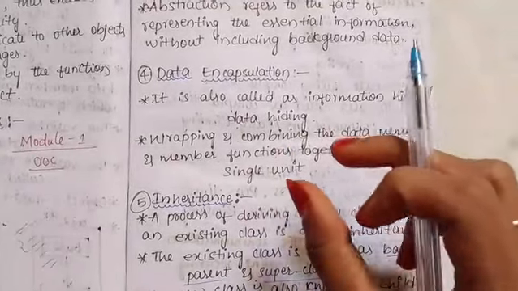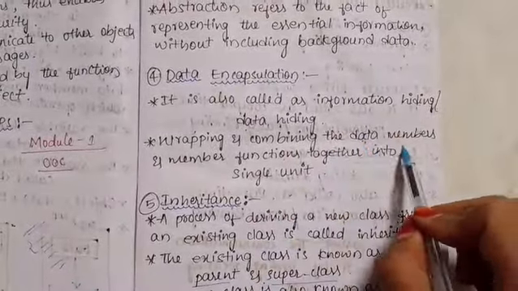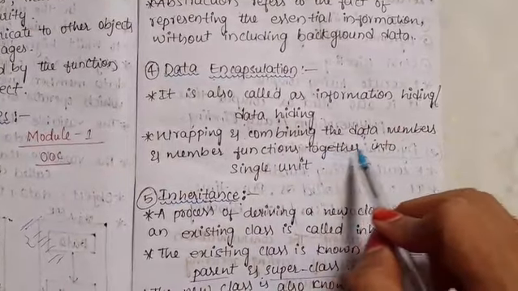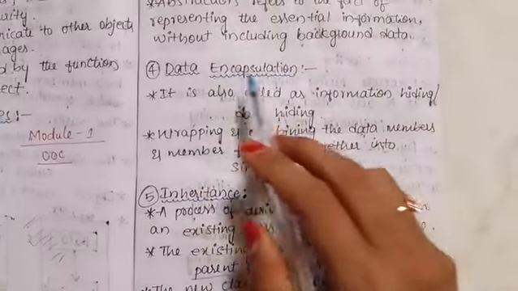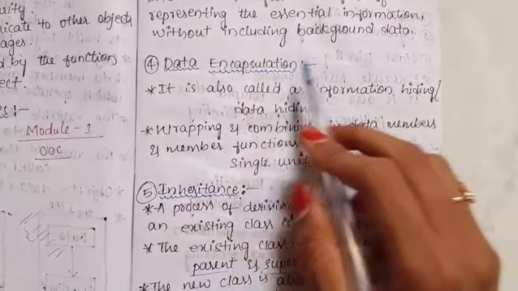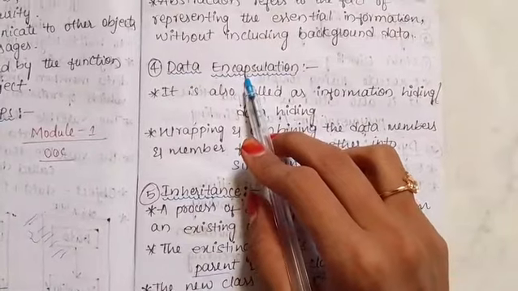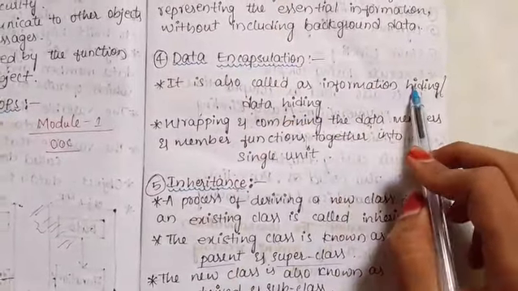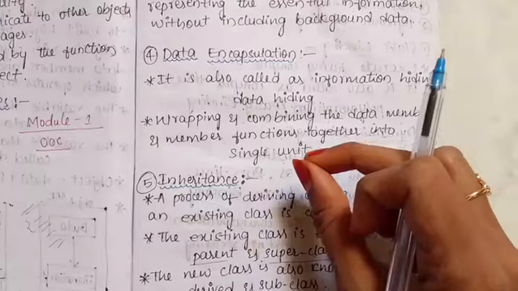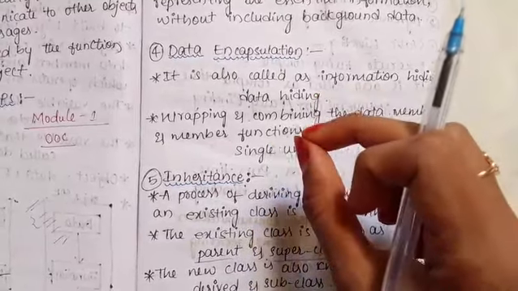They have added some data in it: data members and member functions together into a single unit. That is called data encapsulation. Information hiding or data hiding is also called encapsulation, because they are hiding some data in it.